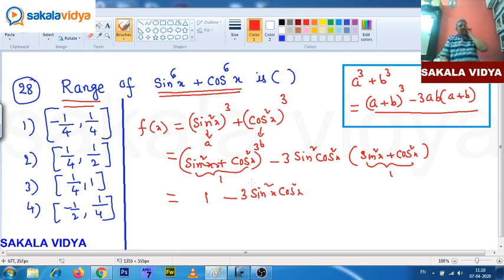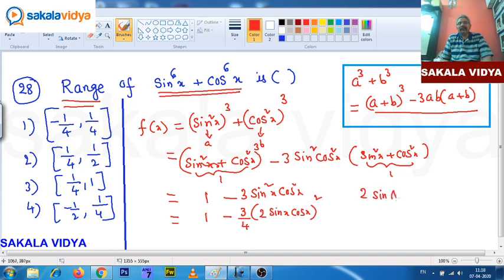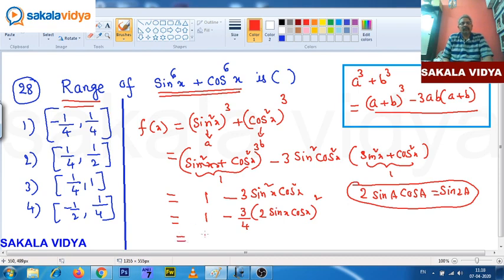Okay. So now this can be written as 1 minus 3 by 4 times 2 sin x cos x whole square. We have 2 sin A cos A is equal to sin 2A. This is a formula we have. So this we can write as 1 minus 3 by 4 sin 2x whole square, which is sin square 2x.